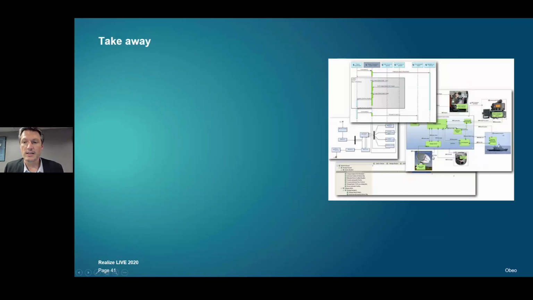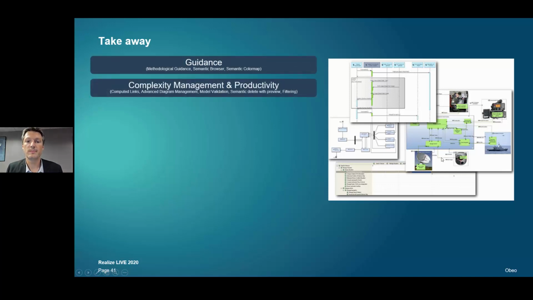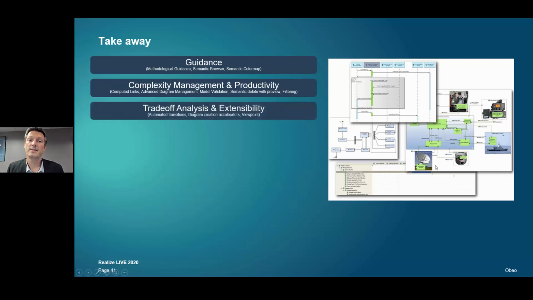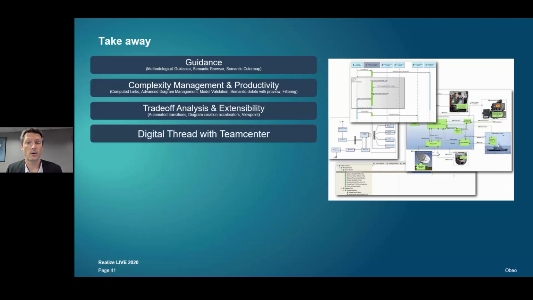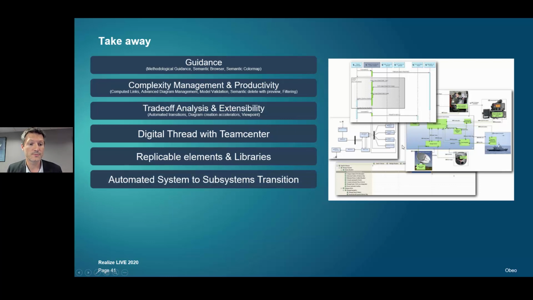In a nutshell, what we propose in this way is guidance, complexity management and productivity tools, the capability to do trade-off analysis, and good extensibility to manage your specifics, the digital thread with Teamcenter in the loop, the replicable element and library to do the reuse, and automated system to subsystem transition to scale.